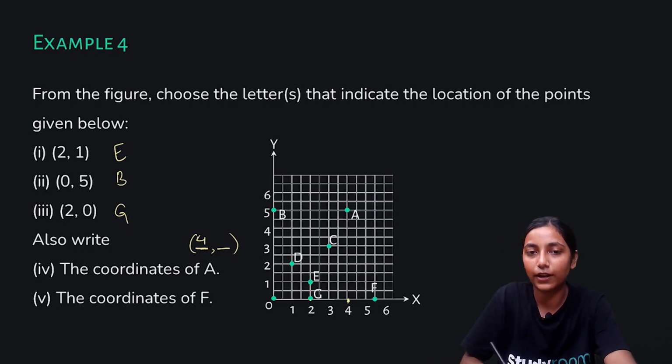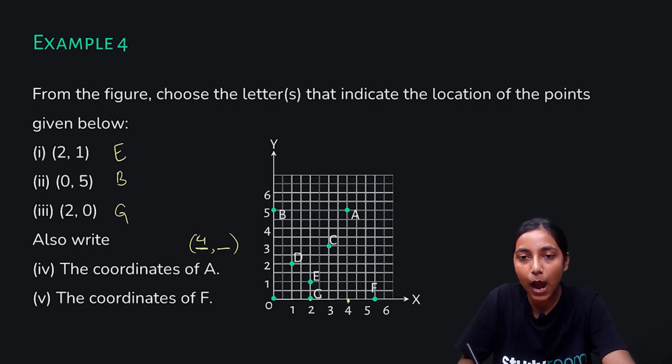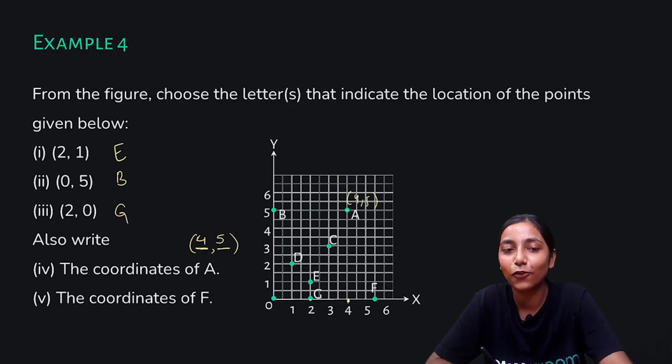So I'll be writing 4 here. For the upward units on the y-axis, I am going to see how many units it is upward from this point 4. This is 1, further 2, 3, 4 and it's 5 units from this point 4. So this is our (4, 5). A has the coordinates (4, 5).